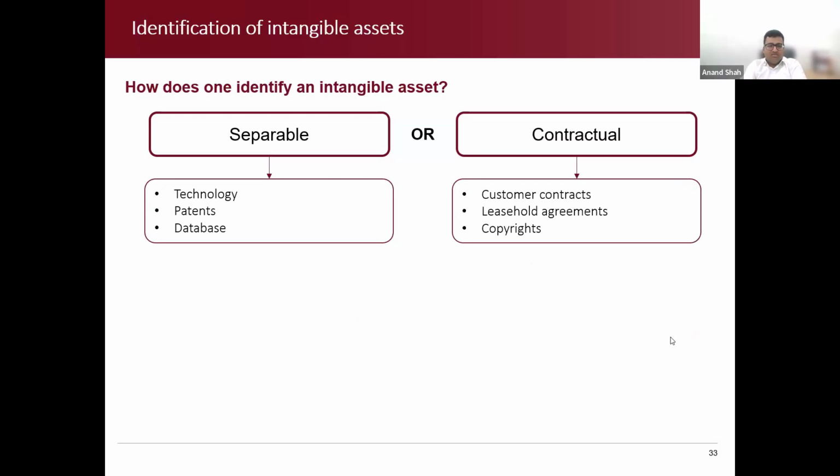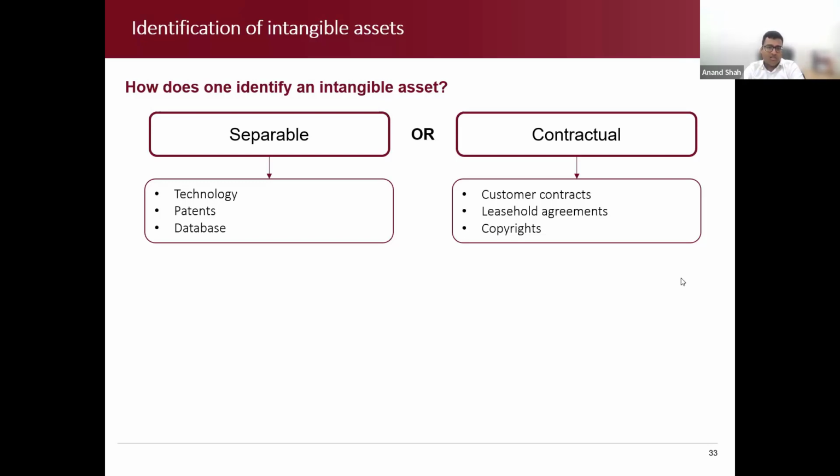Examples of intangible assets that will fulfill the criteria of being separable can be technology, patents, databases; contractual can be customer contracts, leasehold agreements, or copyrights. Customer relationships are separable simply because you can always pass on a set of customers to your acquirer, right?